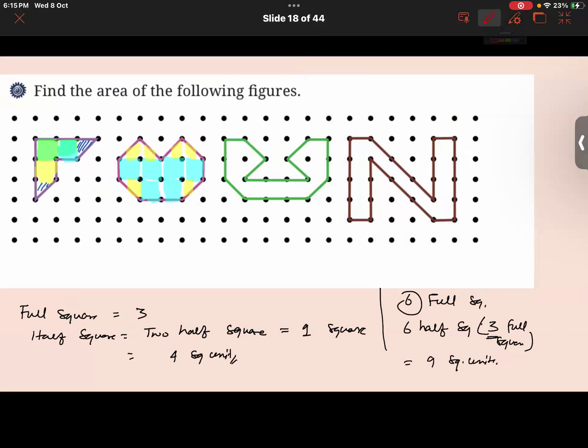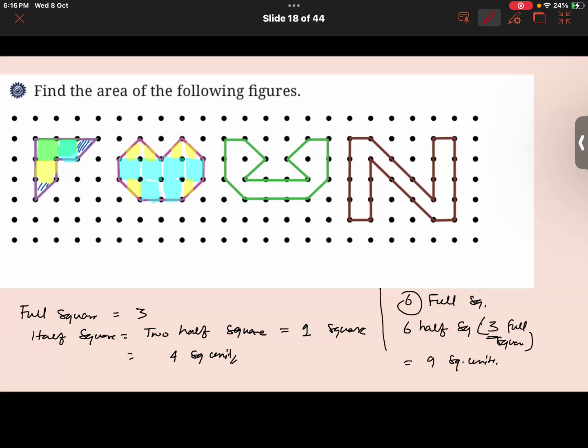Okay, tell me about the third figure. Try to solve it yourself and tell me the answer. 7 full squares. 7, how many squares you're saying? 7 full squares: 1, 2, 3, 4, 5, 6, and 7.